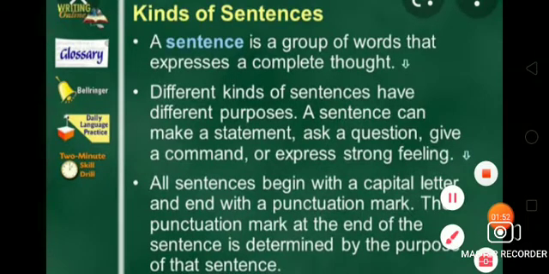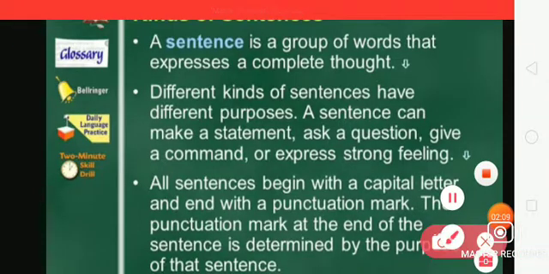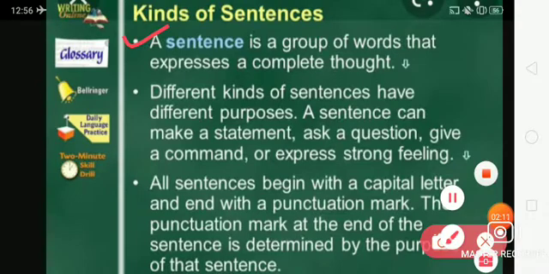Okay students, it is very important that you learn the definition of a sentence and also know some more information about how we can identify a sentence. Firstly, a sentence is a group of words that express a complete thought. Different kinds of sentences have different purposes.